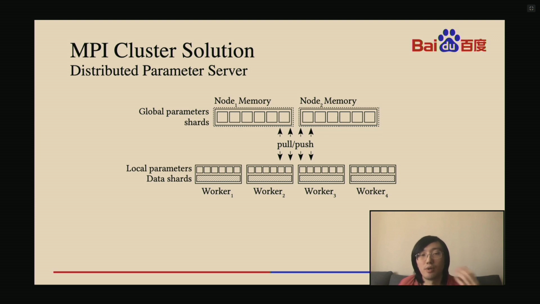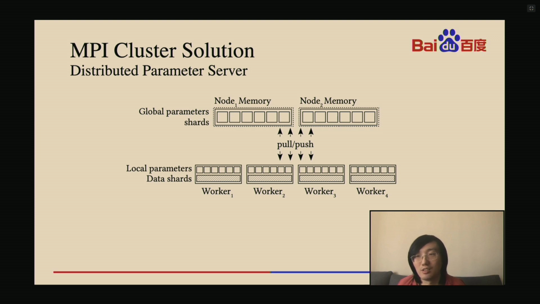After that, it has the parameters and the training data, so it can do the feed forward and backward propagation. After we have the gradients, we push the gradients to the global parameter server to update those parameters. Okay, this is our MPI cluster solution.